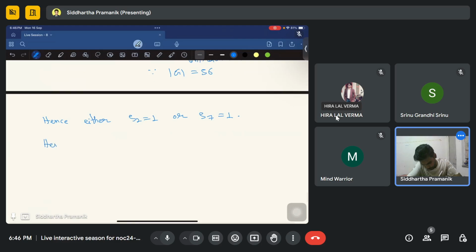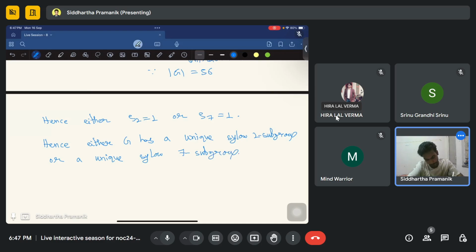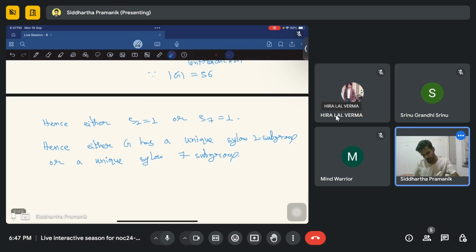Hence, either G has a unique Sylow 2-subgroup or a unique Sylow 7-subgroup. So one of them has to be unique. That means one of them has to be normal. So this completes the proof of this problem.